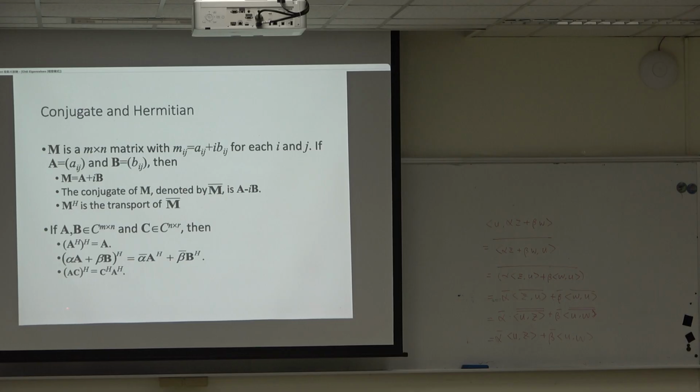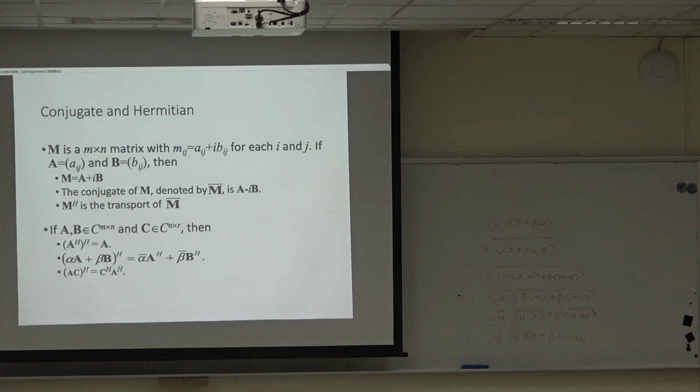So if A, B are n by n complex matrices, and C is an n times r matrix, then A Hermitian and then Hermitian again is A itself. And (alpha A plus beta B) Hermitian is alpha conjugate times A Hermitian plus beta conjugate times B Hermitian.